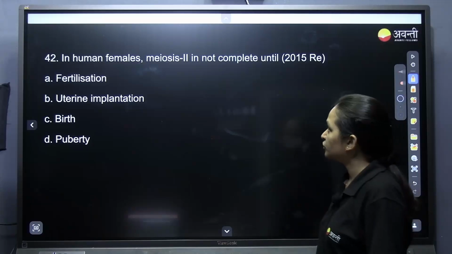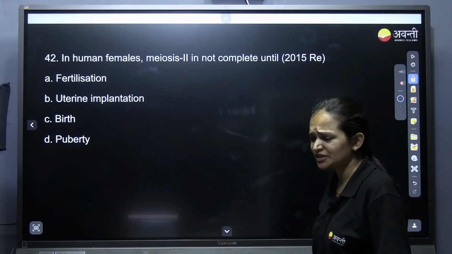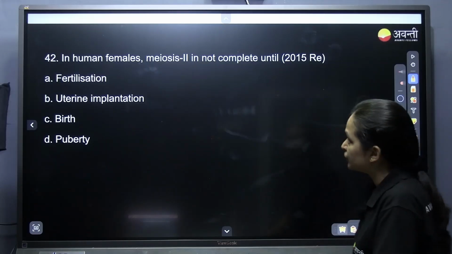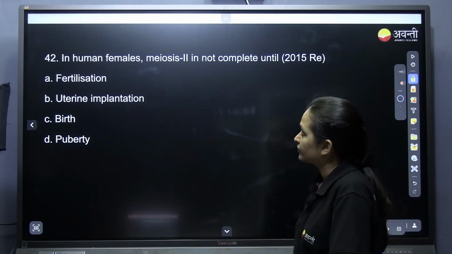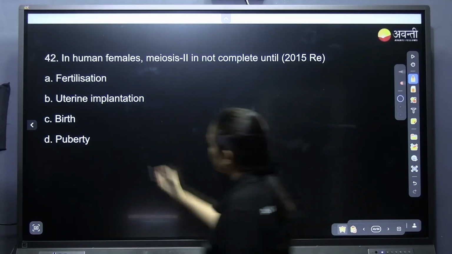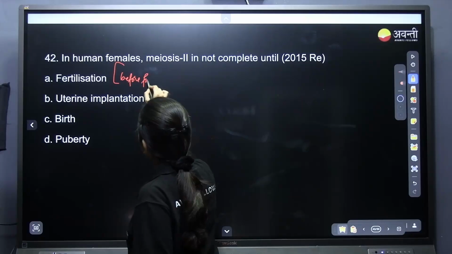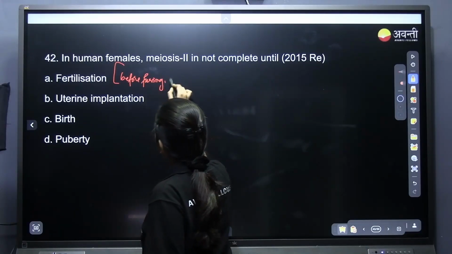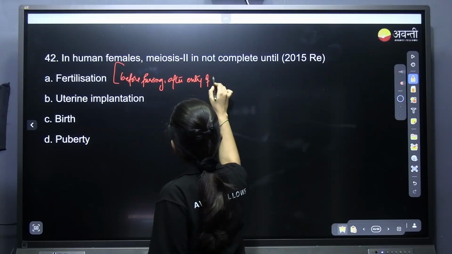In human female, meiosis 2 is not completed until fertilization, uterine implantation, birth, puberty. So many questions regarding this. Until fertilization, in a sense, here before fusion, after entry of sperm.